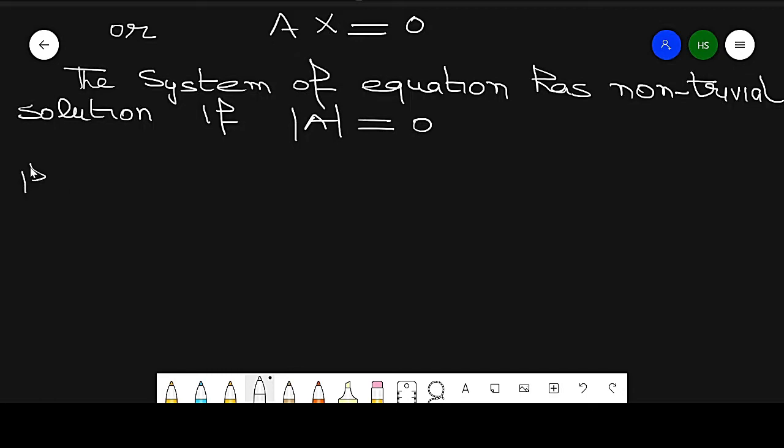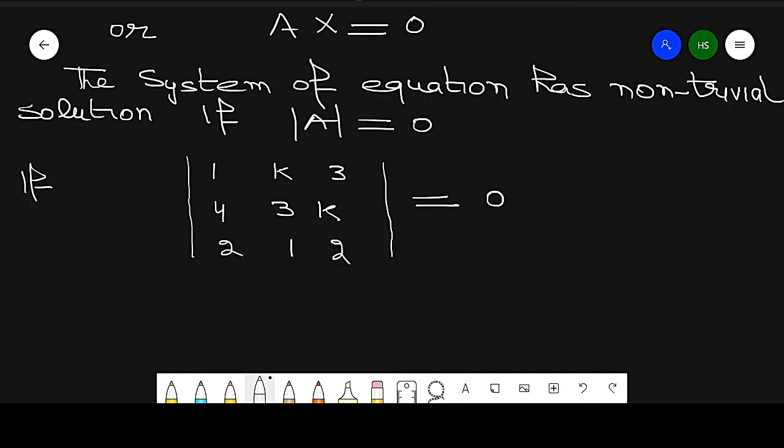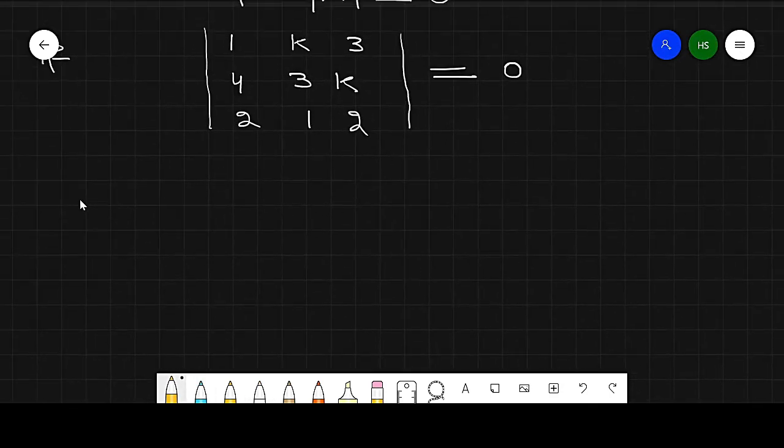So this is possible if determinant of A is equal to 0. So the determinant is [1 k 3; 4 3 k; 2 1 2]. Now simplify this determinant.